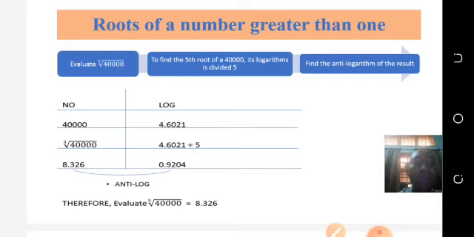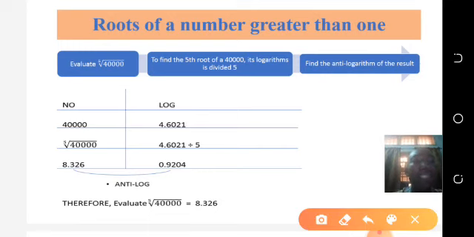When you take that 4 to 46, that will give us 46. 5 divided by 46 will give us 9, and it will remain 0 in that place. So the result, when you divide 4.6021 by 5, is going to give us 0.9204.